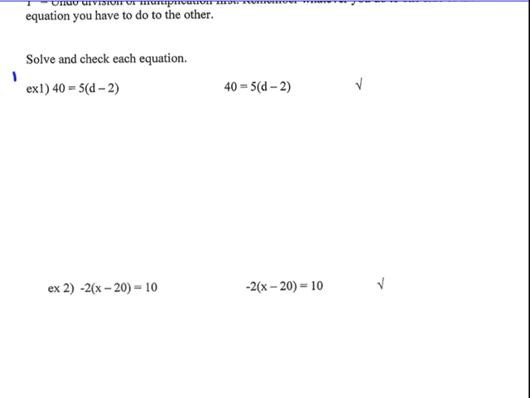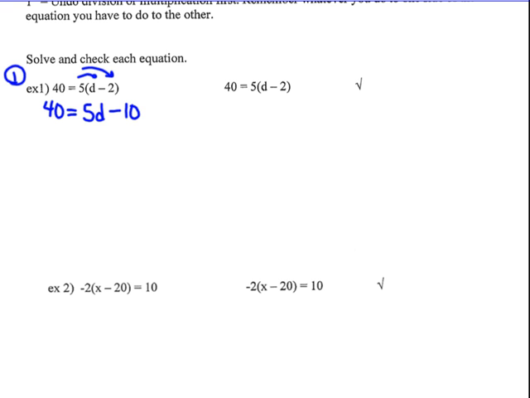This is the method 1 way first, where I'm actually going to distribute that 5 to what's inside that parentheses. So 5 times d gives me 5d's, and 5 times negative 2 is negative 10. So I have the equation 40 equals 5d minus 10.